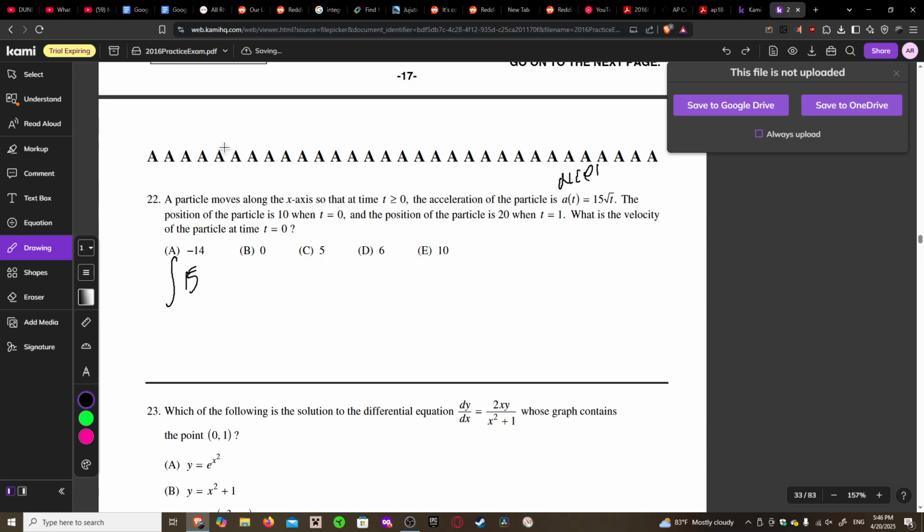In that case, I would have the integrated ones, like find the definite integral ones. So that'd be 0 to 1.